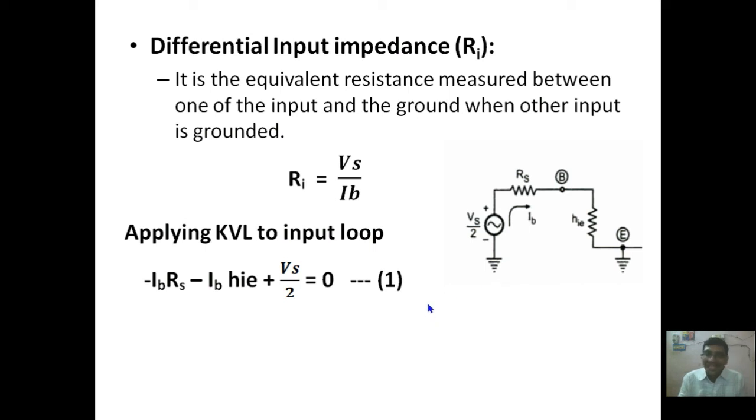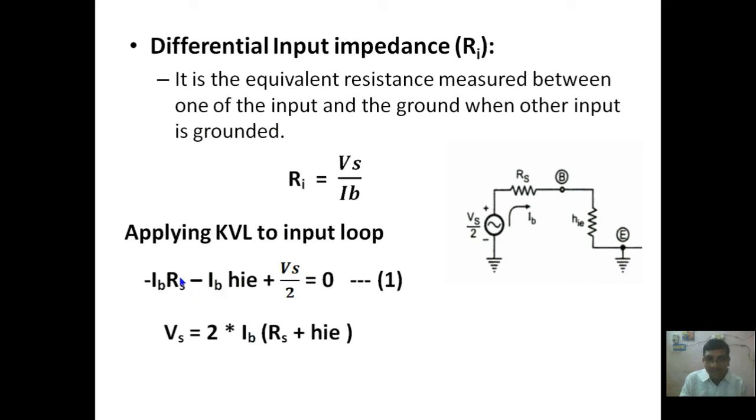Okay, the same analysis what we have done for the differential voltage gain. So here Vs is equal to 2 into Ib into Rs plus hie. So what we have done here, we have taken this IB RS and IB hie to the right hand side. So both terms containing IB, we have taken IB as common, IB into RS plus hie.